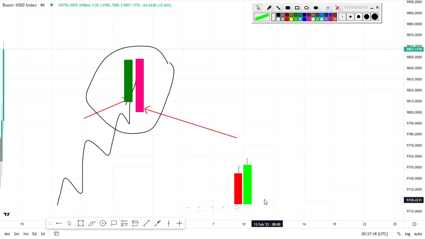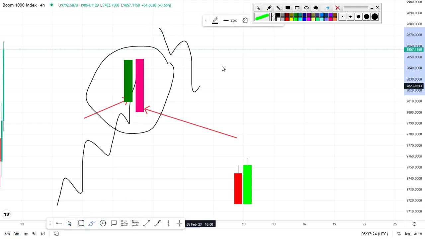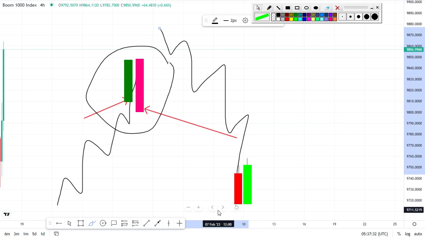Now if you look at this one, maybe the price has been pushed to the downside this way, and at this point the current candle, which is the bullish candle, was able to close above the previous one, the bearish candle right there.